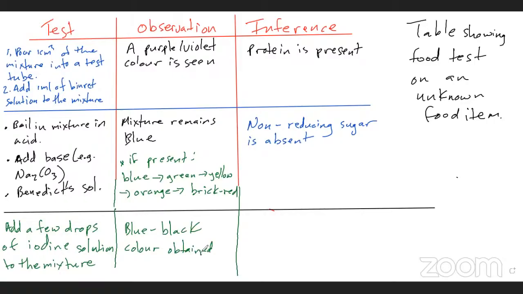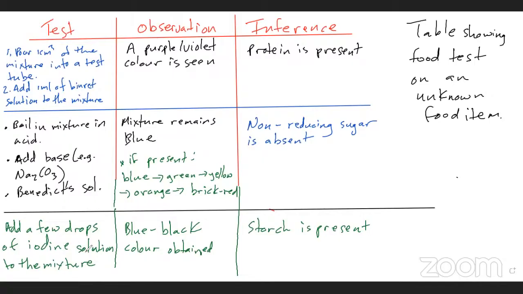And what would be my inference? Starch is present. You can get a table like this to fill in any portion, whether inference, method or test.